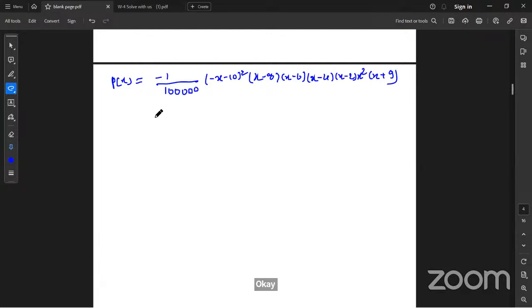So first we can find the roots and multiplicity. Here you can easily find the roots, right?